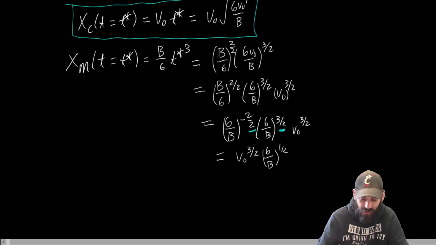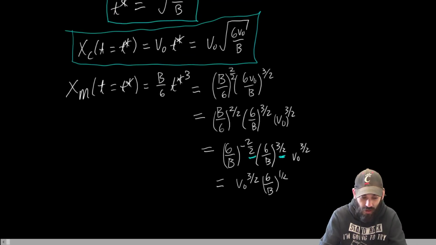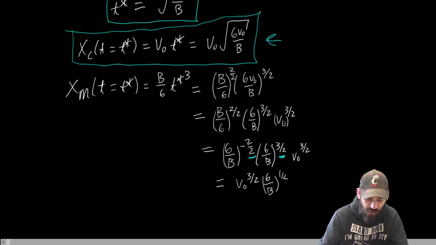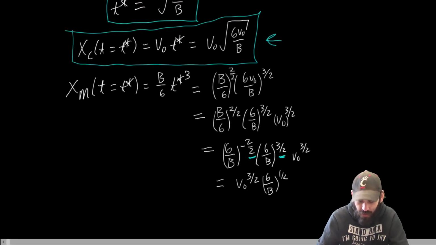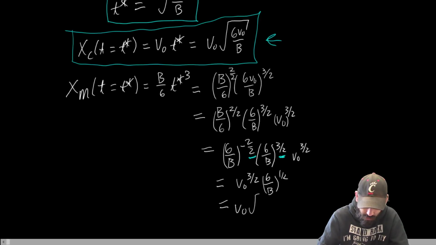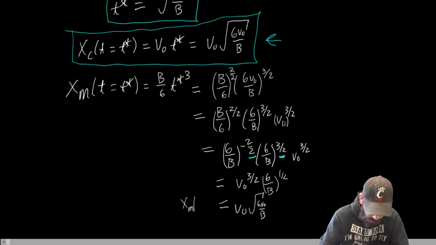And now to finally get this all to look like the other one, all we need to do is make the v0 to the 3/2 into v0 times v0 to the 1/2. Then we can collect everything together. And so really, this is the same thing as v0 times the square root of 6v0 over b. Okay? And that's x sub m at t equal to T star.